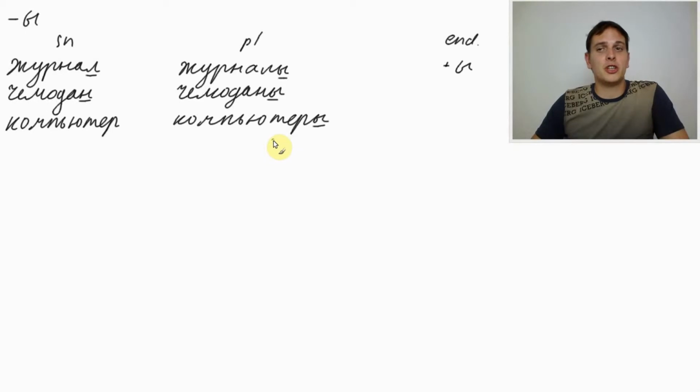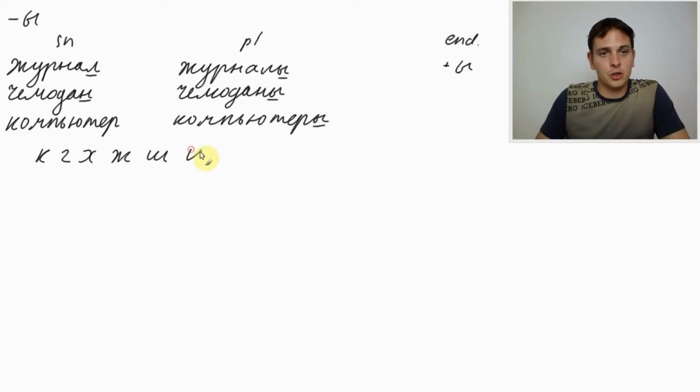And do you remember the general spelling rule I taught you in the previous lesson and a few lessons before? Basically, if we got consonants К, Г, Х, Ж, Ш, Щ and Ч, these consonants can only be followed by И. So this is the general rule.